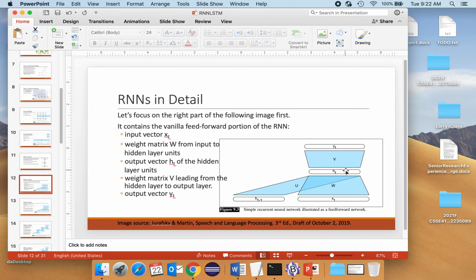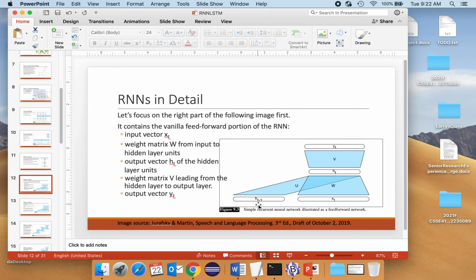Now again, we have the hidden layer to produce the output, but remember we have the hidden layer also going back to itself, and we can go back to other units, so we don't just go back to ourselves. But in this particular example, since these are the same size, this weight matrix U is just for each unit updating its own self with its own input.